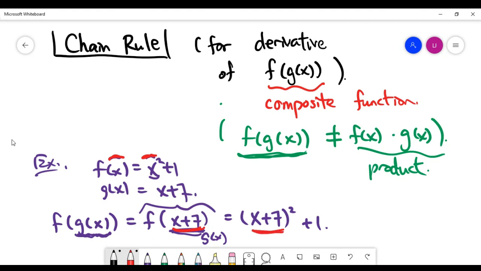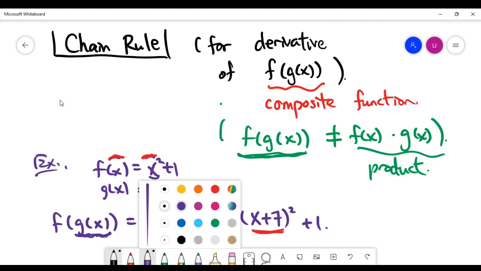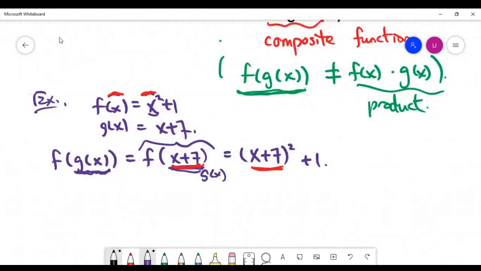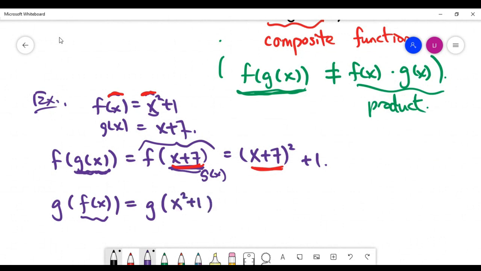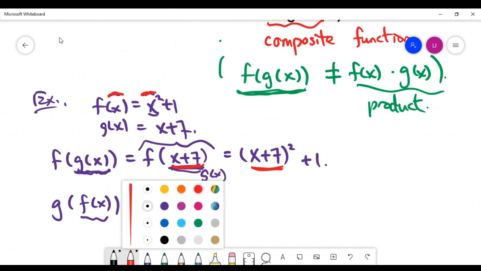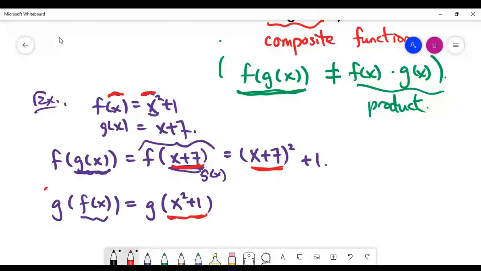If you understand what I mean by f of g of x, you would notice that most likely it is not the same as g of f of x. Because for g of f of x, you have to look at the inside first, which is f of x now. The inside, by definition of f, is x squared plus 1. So when you have g of x squared plus 1, you have to turn everything into something like x squared plus 1.